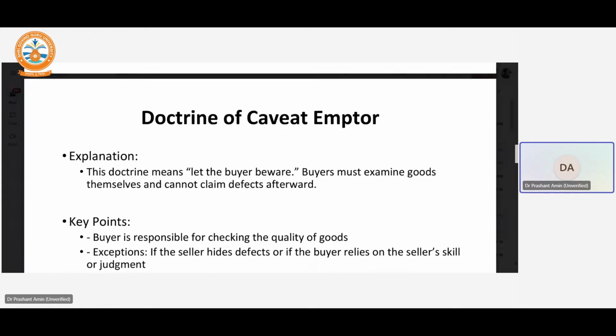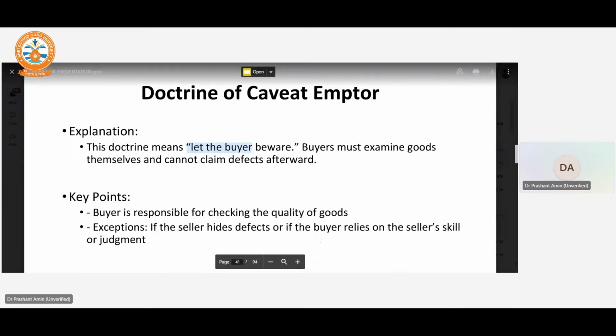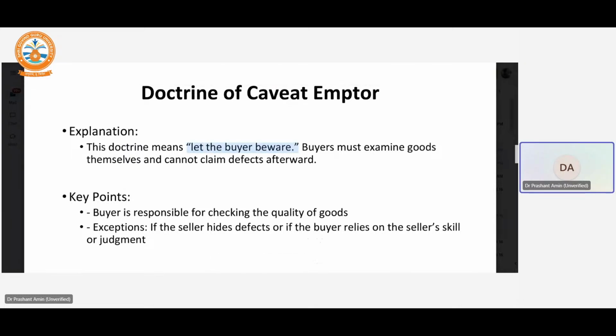Now in the Sales of Goods Act, this is a doctrine. Many times the examiner, the paper setter, asks about the doctrine of caveat emptor. That is a Latin term. What is the meaning of caveat emptor? This doctrine means let the buyer beware. The buyer must examine the goods themselves and cannot claim the defect afterward.